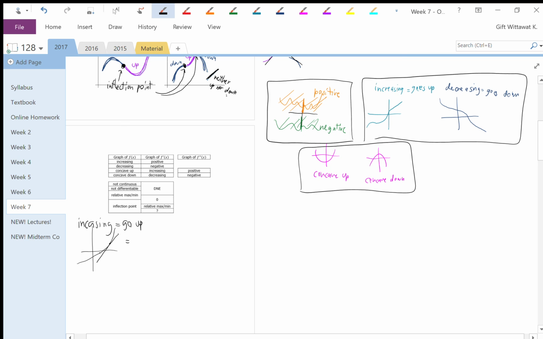When you draw a tangent line, it's gonna have a positive slope. And when it has a positive slope, that means the derivative is gonna be... What does that say? Increasing? Oh, increasing. Yes.